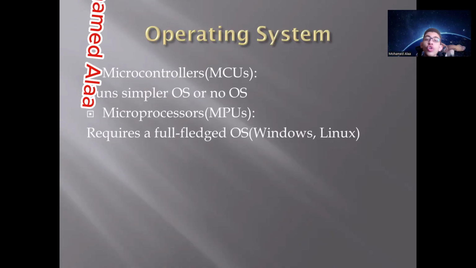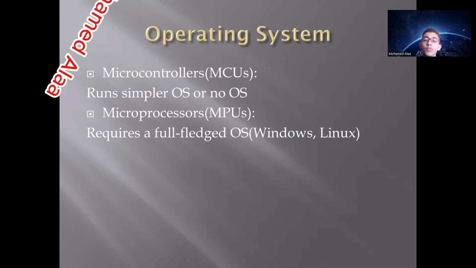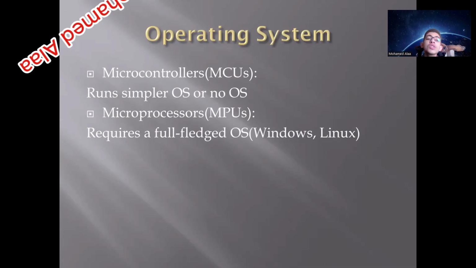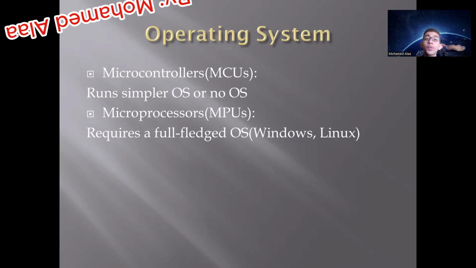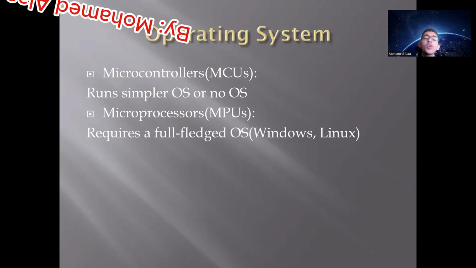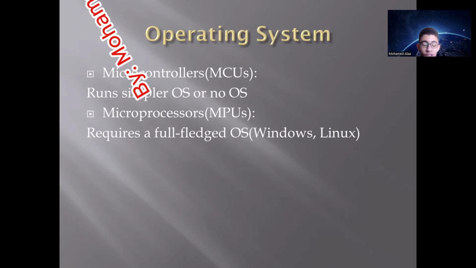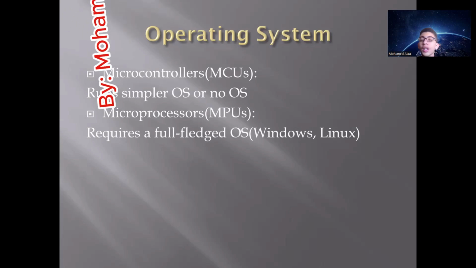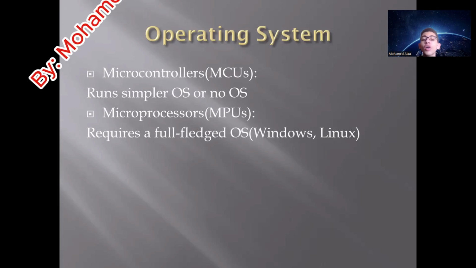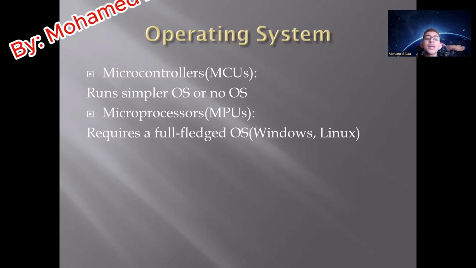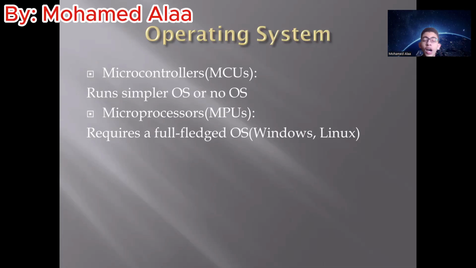They require a full-fledged OS like Windows or Linux. When you see your friend has a computer, he uses Windows 11, Windows 10, whatever, Linux Debian, whatever. This is called a full-fledged OS, which means it has high performance.